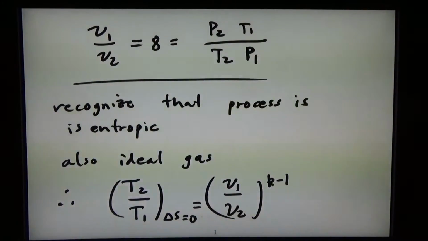This is the first one we looked at. So let's look at this equation, see if we can use it. We know in this case T1, and we know the ratio of V1 to V2, so possibly we could solve for T2 using this equation if we can get K. So what is K? K is the specific heat ratio, and it's something that we can look up at T1 or T2.